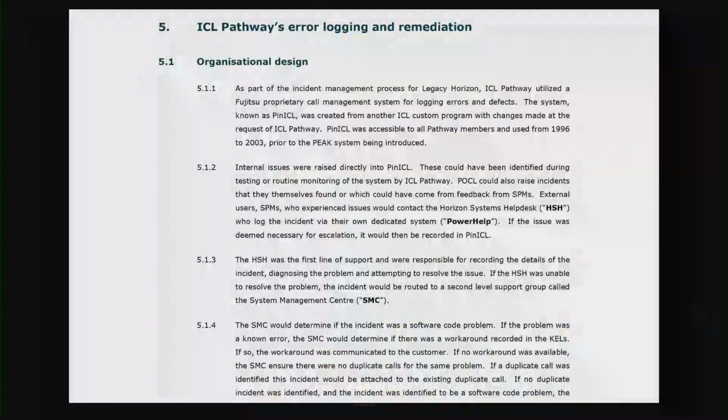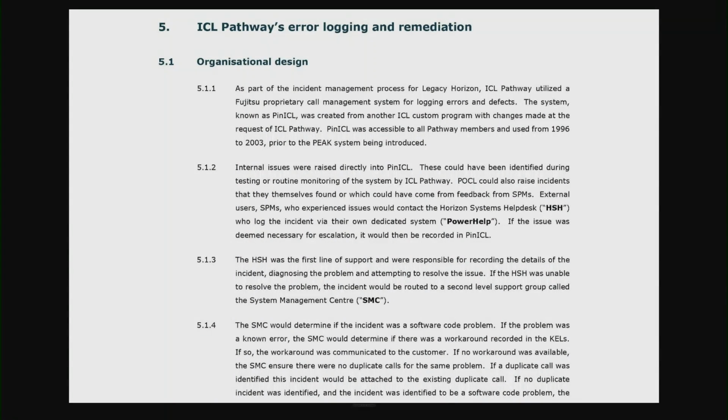You helpfully described for us the lines of support that were available, the first of which was the Horizon Systems Help Desk, HSH, which you describe as the first line of support, being responsible for recording the details of an incident, diagnosing the problem, and attempting to resolve an issue. If it was unable to do so, it would be routed to a second level of support called the System Management Center, or SMC. Is that right?